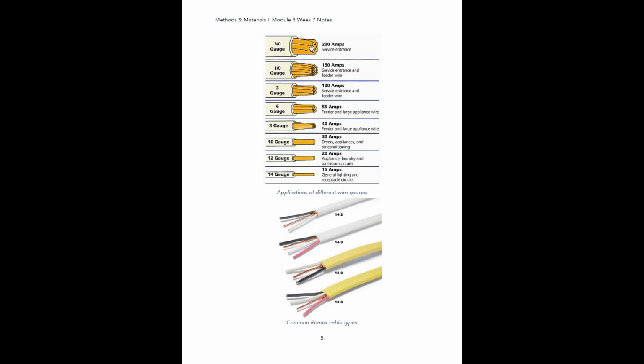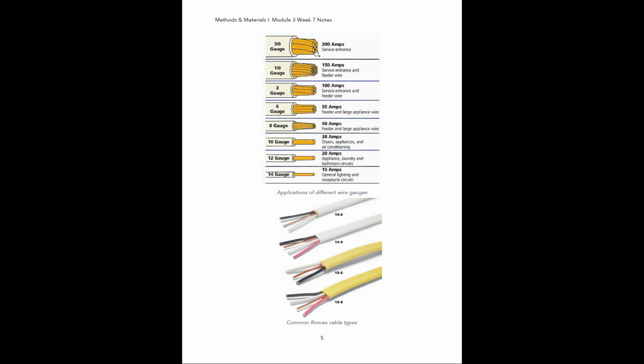All right, so here's an example of different gauges of wiring and the typical applications that you'd use them for. You can see here we have a 3/0 gauge wire. This is not 30. This is a 3/0 gauge wire. And with this type of wiring, we have 7 individual wires bundled together within this cable.